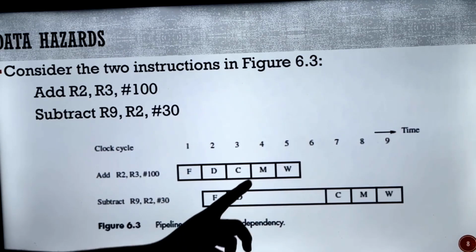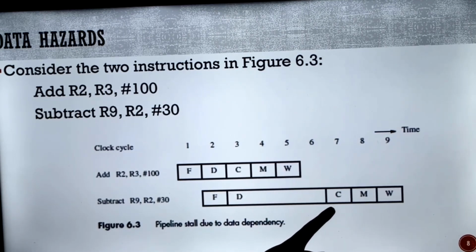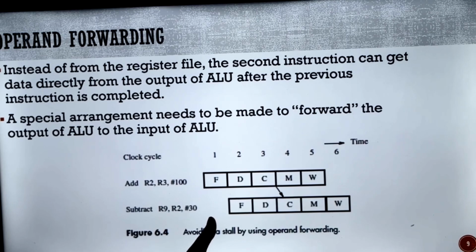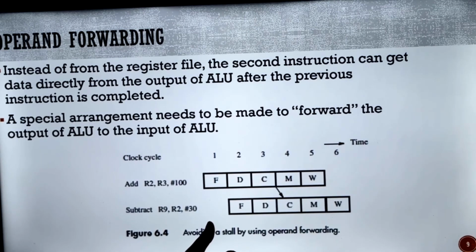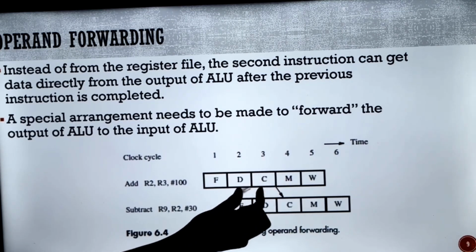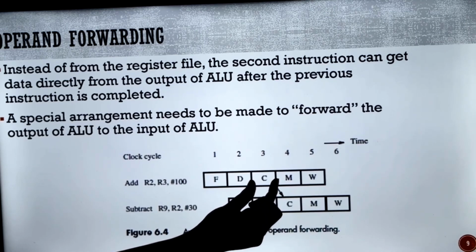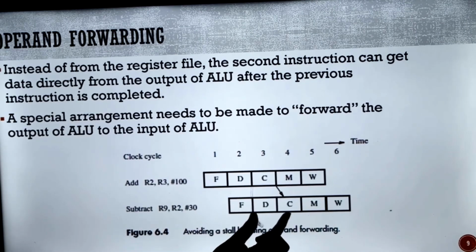In the previous case, I waited until after the write stage to go for the computing stage of the second instruction. Instead of that, what we can do is make a bridge so that after computing the first instruction, where you have done the calculation... Why are we waiting in the second instruction?